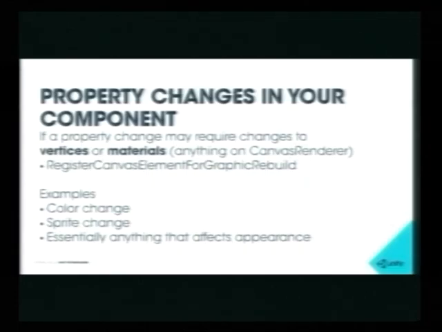So the first thing is when property changes occur in your components. If a property change may require changes to vertices or materials or textures, essentially anything on the canvas renderer, you want to register your canvas element for graphic rebuild. This will allow you to receive the callbacks that you can then use to update the canvas renderer.